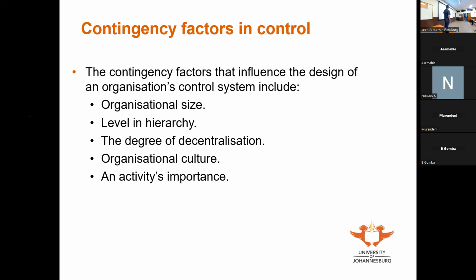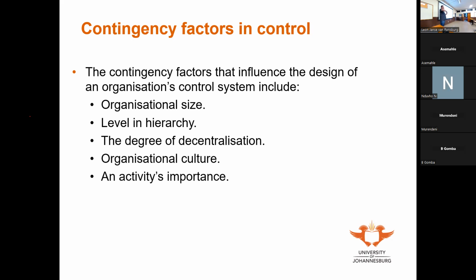So there are contingency factors in control. The contingency factors are those that influence the design of the organization's control system. This could be if the organization grows in size and level in hierarchy.